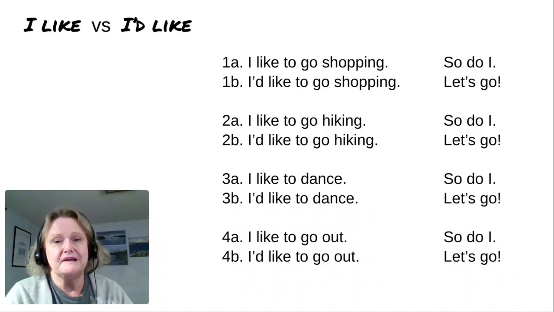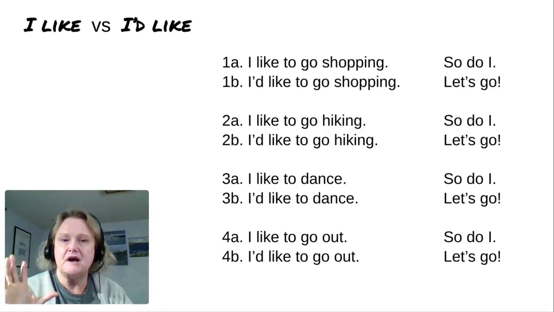Another example is, for example, I like and I'd like. Most of my students say I like when they really mean I would like. They're ordering something, and they don't quite understand the difference between I like coffee and I'd like some coffee. So here is one. You teach them how to make that stop. I like to go shopping.